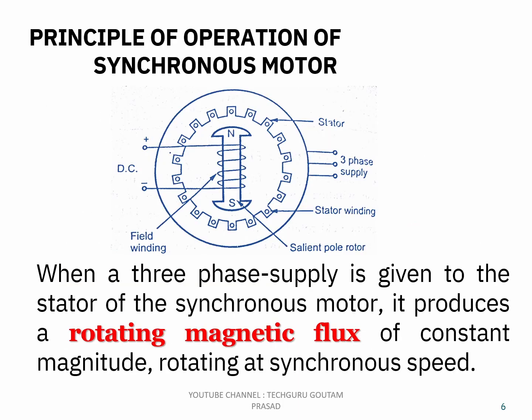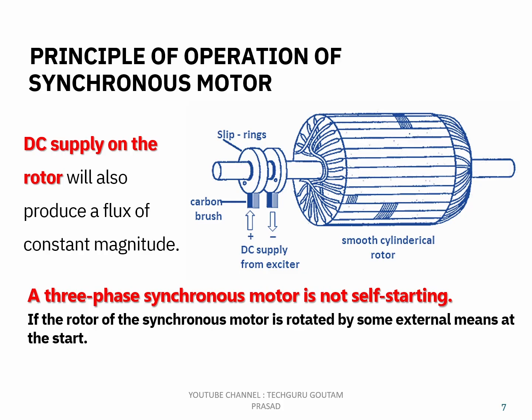So friends, when the stator is fed with three-phase supply, it produces rotating magnetic flux of the constant magnitude, rotating at the synchronous speed, like it does in the case of the induction motor.